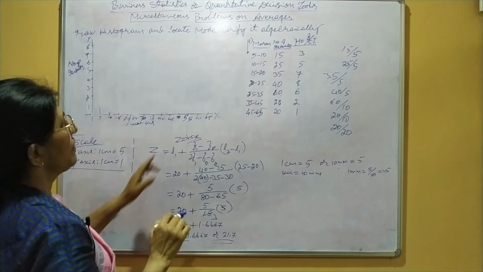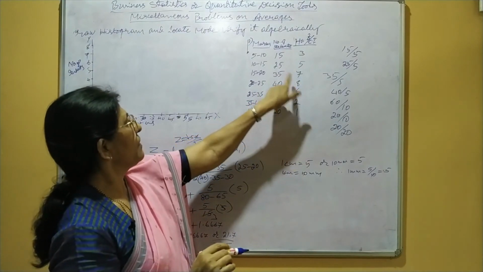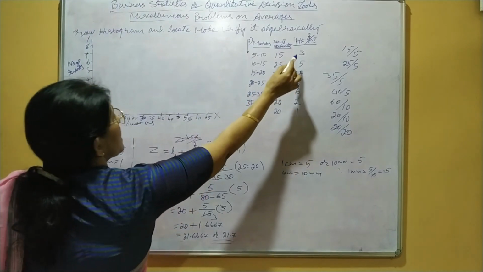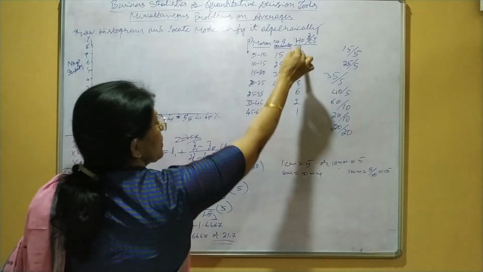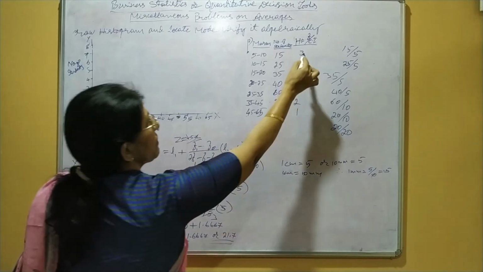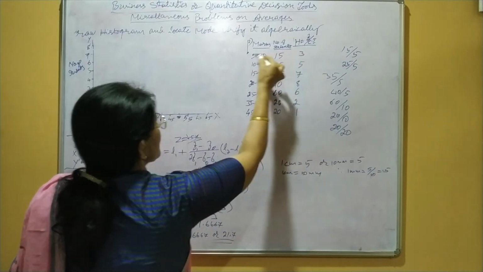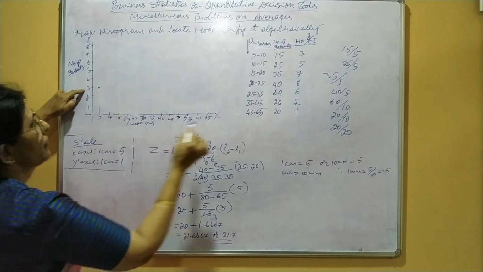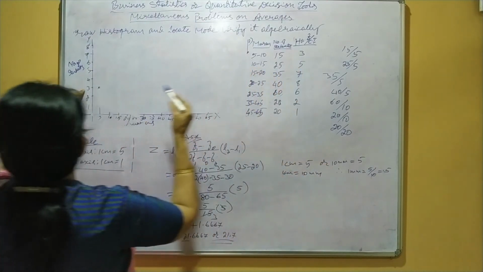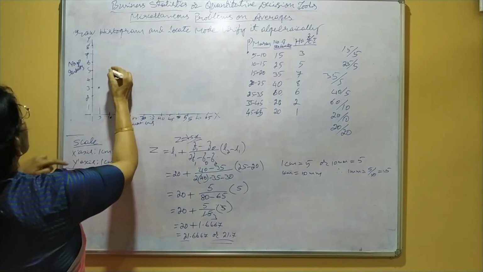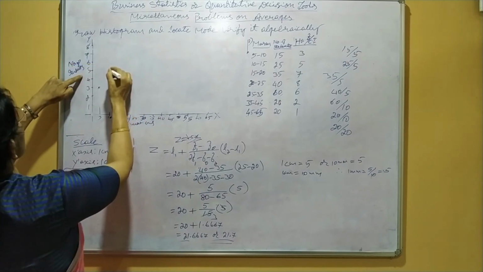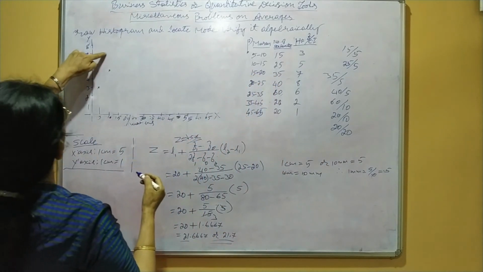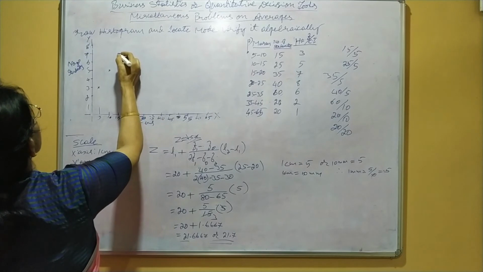Okay. Now, up to highest one, we have to mark corresponding to the lower limit. In this case, we do not consider frequencies to draw histogram, we consider height. 3 corresponding to lower limit 5. 5 corresponding to lower limit 10. 7 corresponding to lower limit 15.